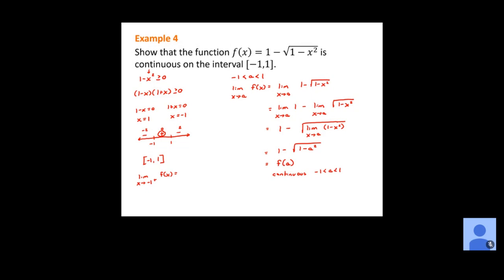Now, we could basically show all the same work that we showed over there with our a values, okay? And we could actually do a direct substitution. And so really all we're doing now, if we're taking the limit as x approaches -1 from the right of 1 minus the square root of 1 minus x squared. If we direct substitute in there now, what's that going to give us?